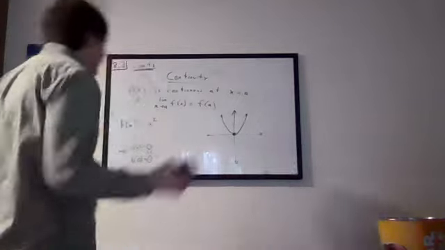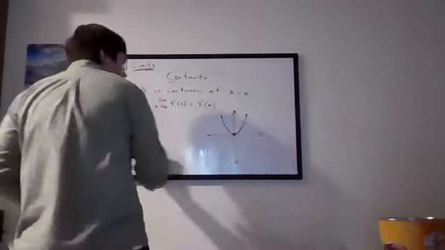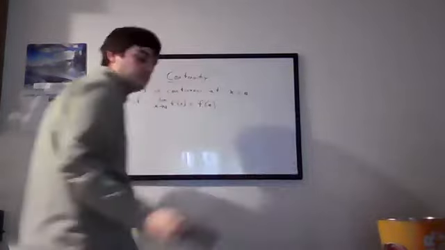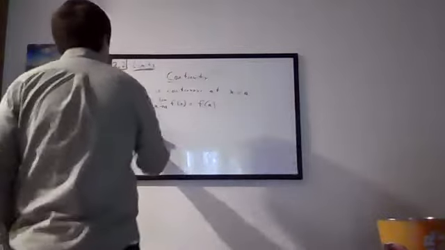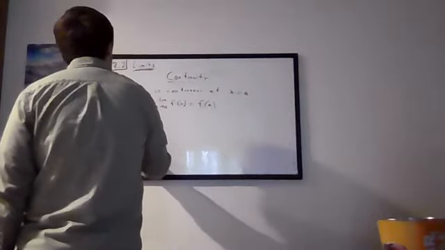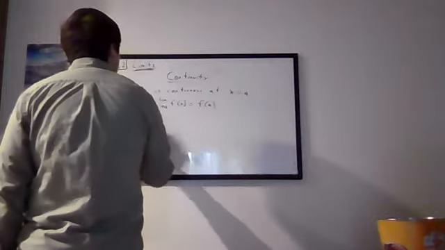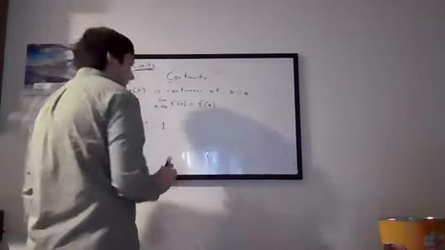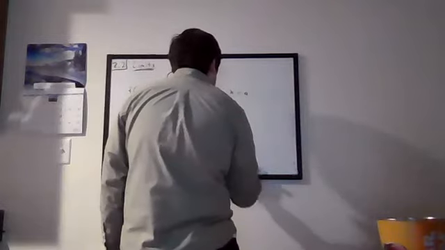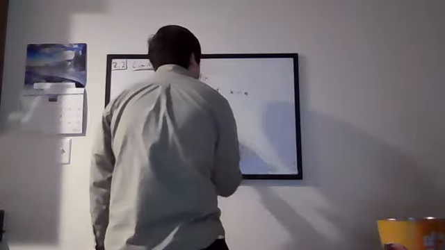Okay, one more. We established earlier that the limit as x approaches 0 of sine of x over x equals 1. What was the issue with that function?